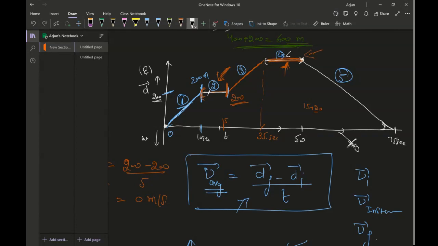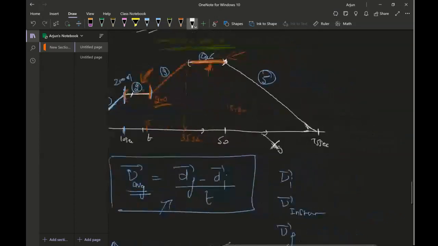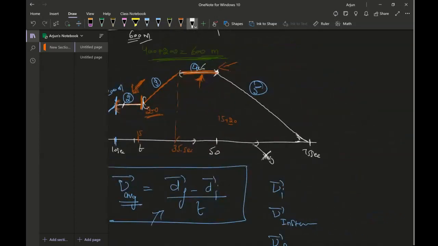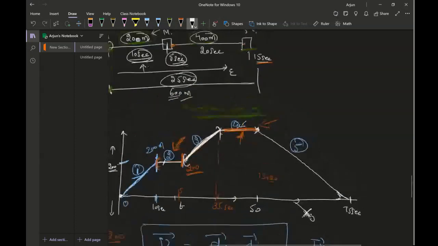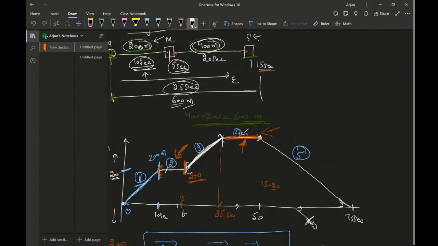So now let's continue with this question and look at section 3, this section. He covered how much displacement? He covered 400 meters in the next 20 seconds.